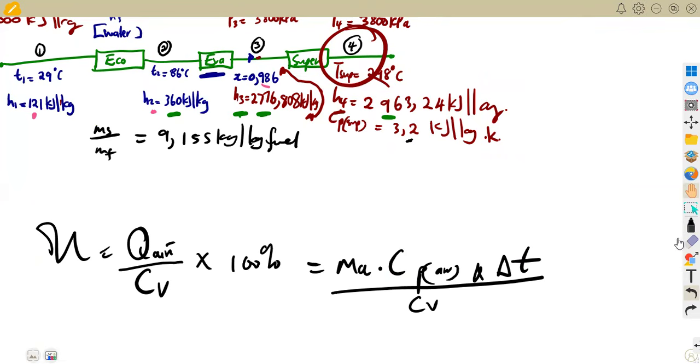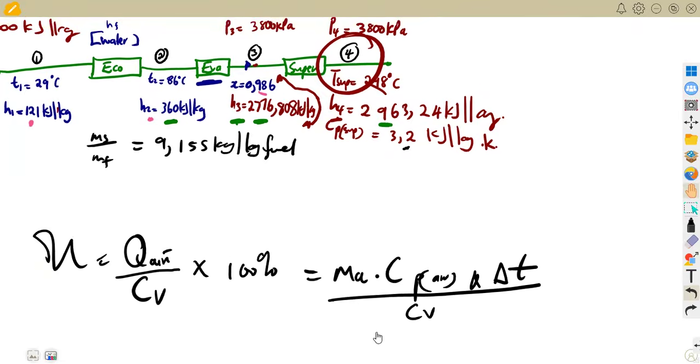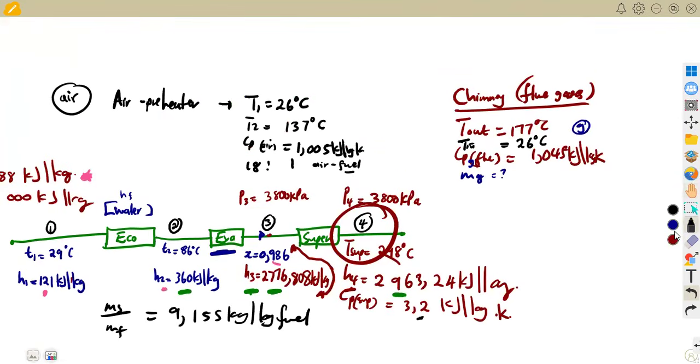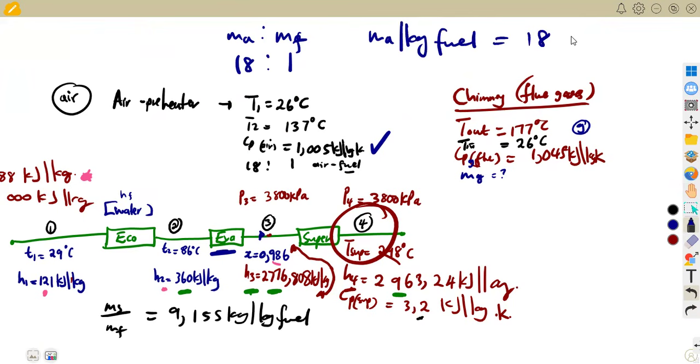So the question is, are we having this? If we check about the air preheater, they gave us the specific heat capacity of air. Then from the air fuel ratio, I talked about this, the air fuel ratio represents the mass of air to the mass of fuel. So it's 18:1, that is 18 kilograms of air per kilogram of fuel.